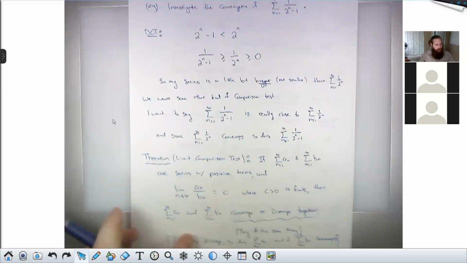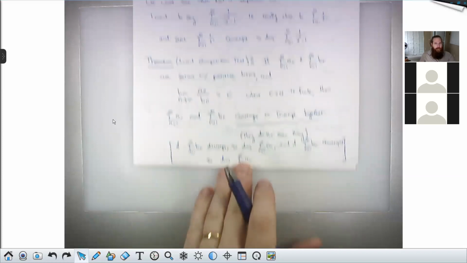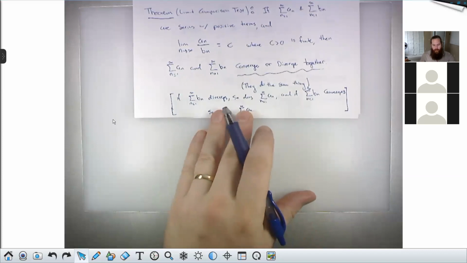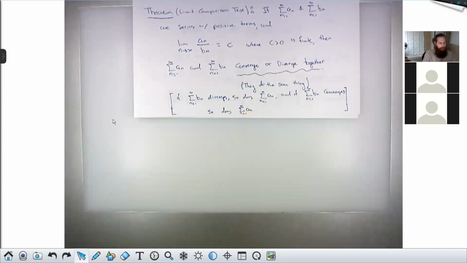Okay, so here's again the statement of the limit comparison test. I'm going to push this up here, and we're going to give just a little proof.